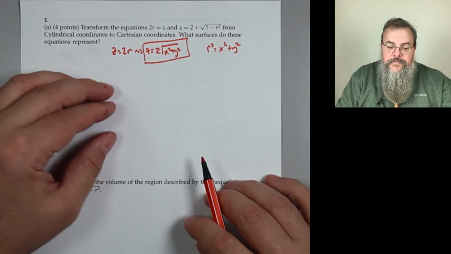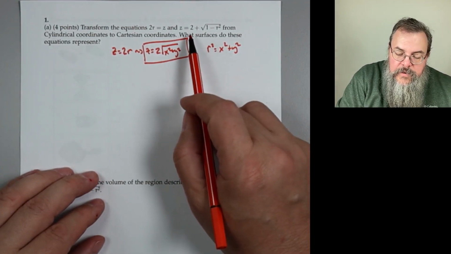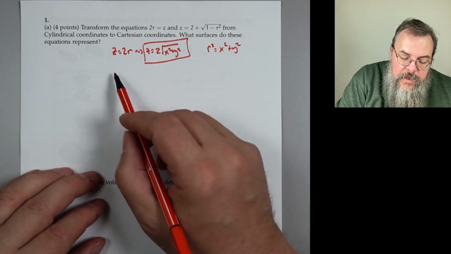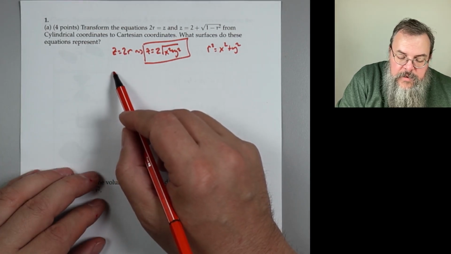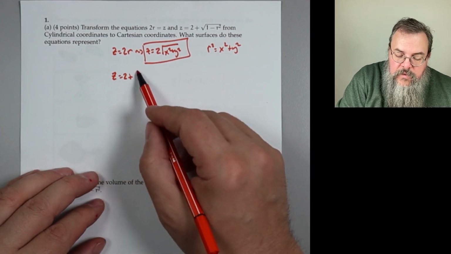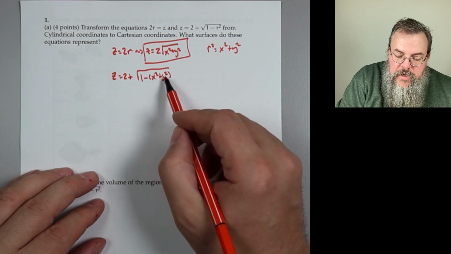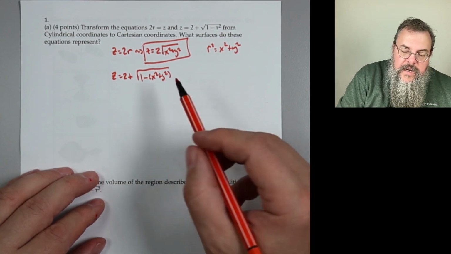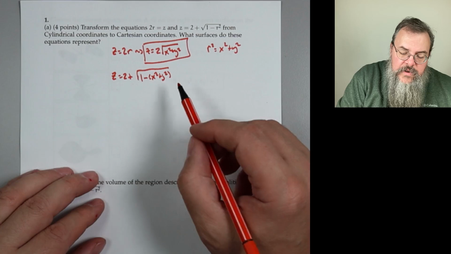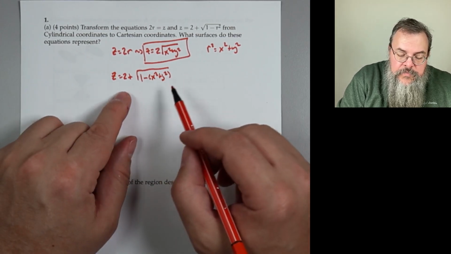There's one equation. Now, what about this other one? Z equals 2 plus square root 1 minus r squared. Well, we have to work around with this a little bit. So z equals 2 plus the square root 1 minus x squared plus y squared. That's kind of right, but maybe it's not too compelling. So what's another way to write this?